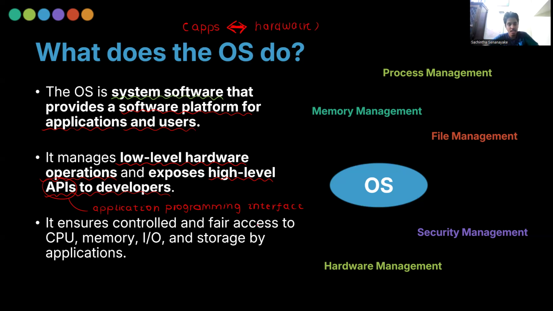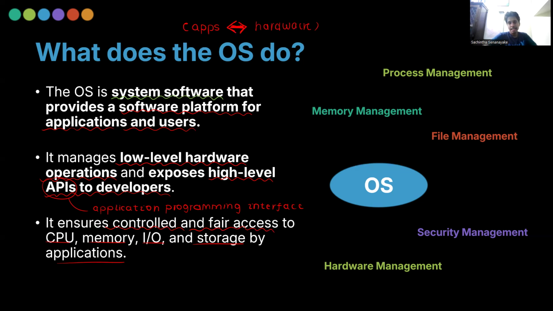And it ensures controlled and fair access to CPU, memory, input, output, and storage by applications. So you can think of it as the democratic leader of sorts that gives all applications equal chance, depending on priority and depending on requirements.